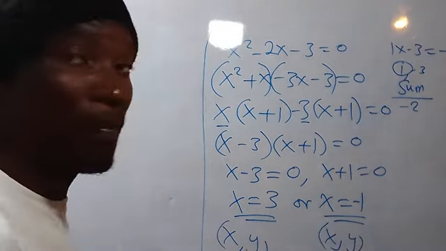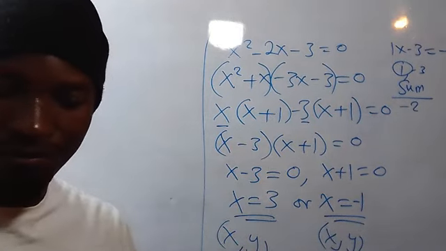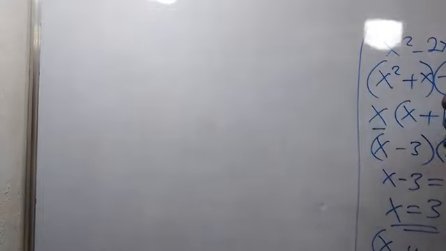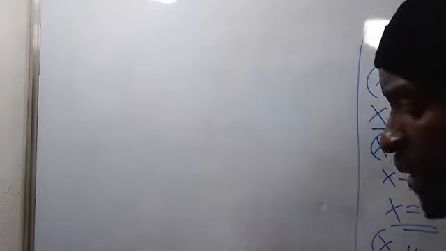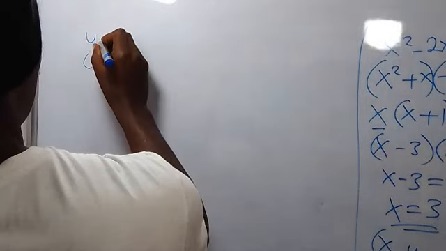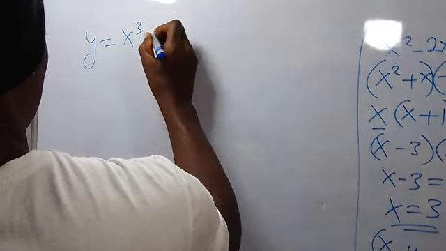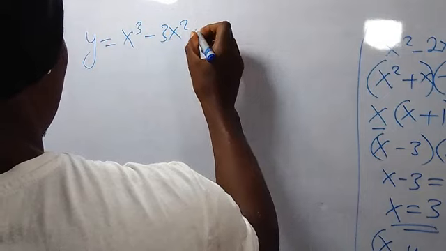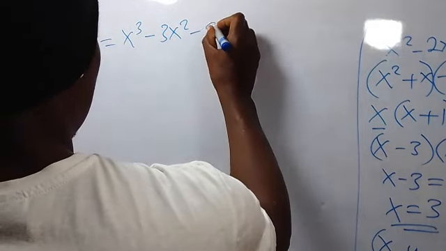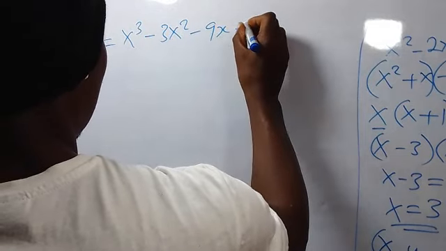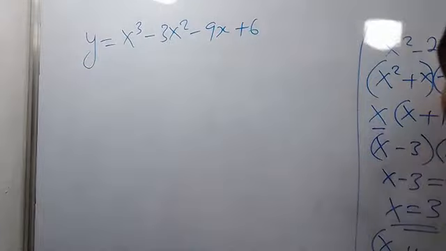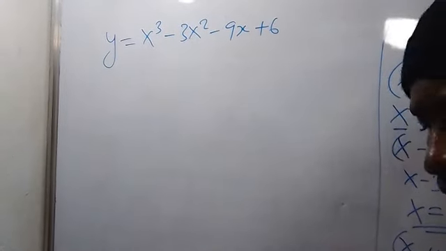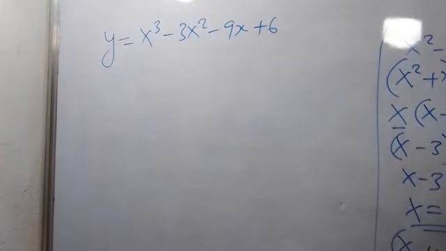So what you're going to do is get the original equation, which is y equals x to the power 3 minus 3x squared minus 9x plus 6, if I'm not mistaken. That's the actual equation that we need.